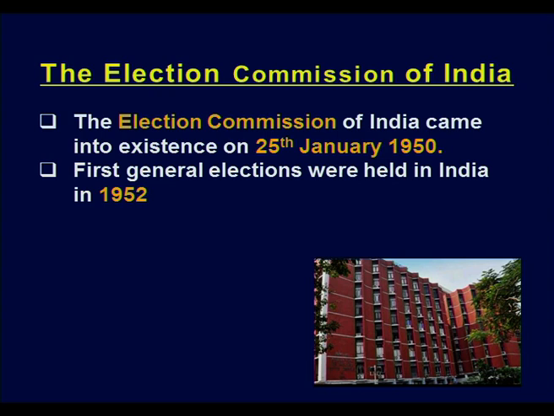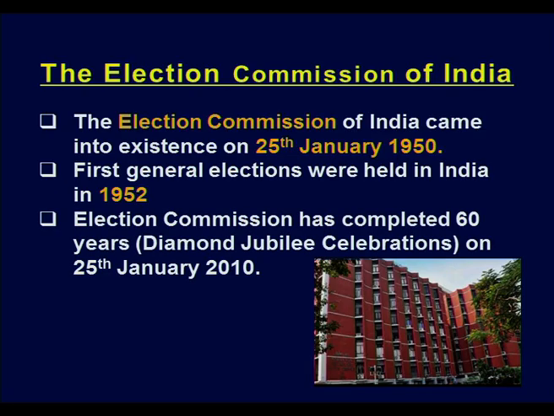And the Election Commission of India came into existence on 25th January 1950. So, the first general elections were held in India in 1952. So, after its formation, in 2010, the Election Commission completed 60 years, celebrating its Diamond Jubilee.